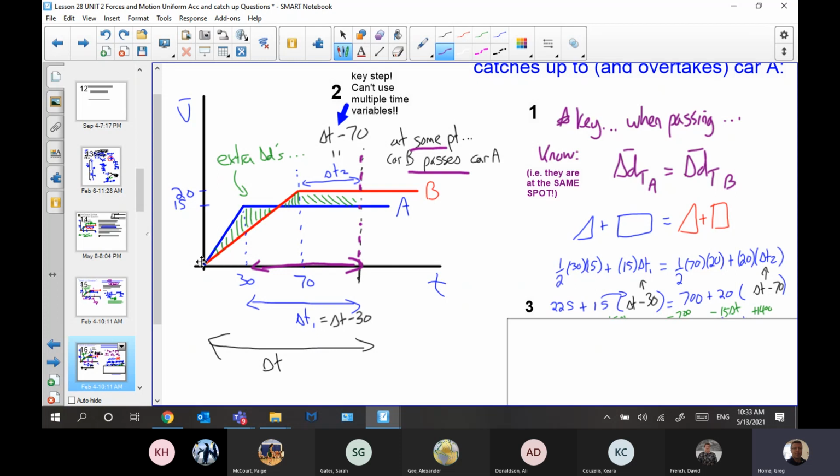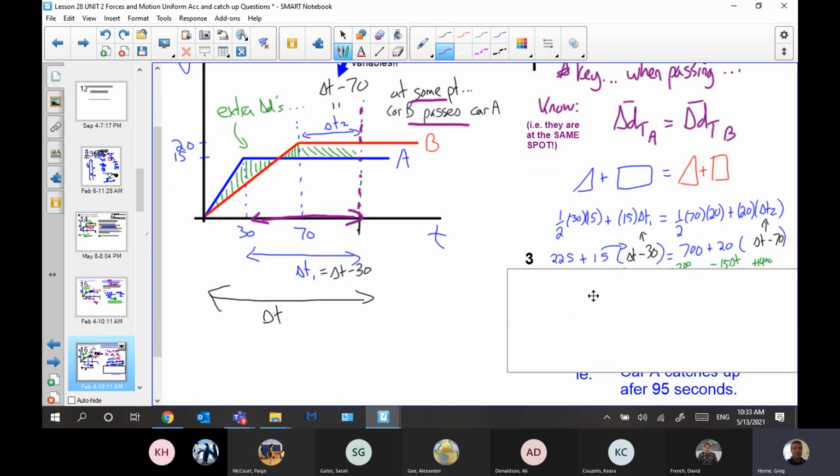The red car has the exact same logic. It has the triangle, which is a known base of 70 and a known height of 20, so there's the 1/2 base times height. And then you have the height of the rectangle, the 20, times the remaining time, delta t2, which we'd list as delta t minus 70: the total time take away that initial accelerating portion of 70.